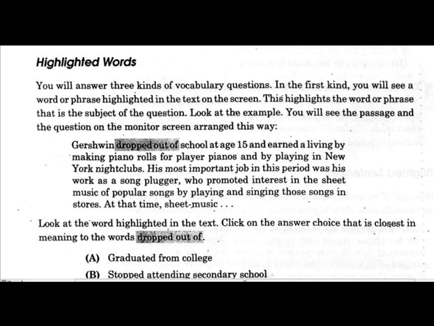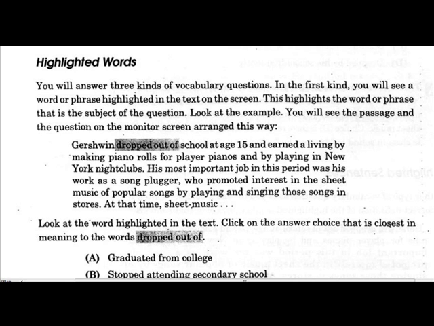You answer 3 kinds of vocabulary questions. In the first kind, you will see a word or phrase highlighted in the text on the screen. This highlights the word or phrase as the subject of the question. Look at the example. You will see the passage and the question on a monitor screen arranged this way.